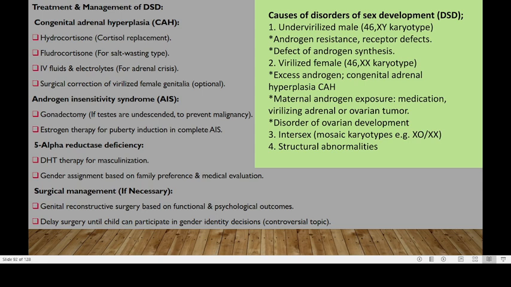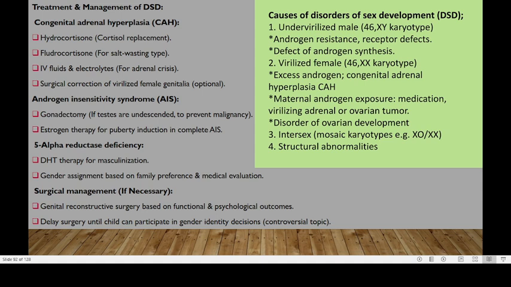Treatment for congenital adrenal hyperplasia: you do hydrocortisone, cortisol replacement, fludrocortisone for salt wasting, IV fluid and electrolytes for adrenal crisis, and surgical correction for virilized female genitalia, although this is optional.